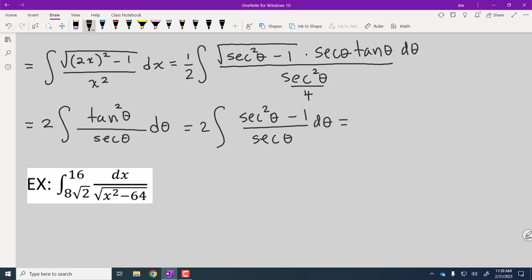You could change the sines and cosines for sure. And then we're going to split the fraction. And we should have that. So secant squared over secant is secant. 1 over secant is cosine.